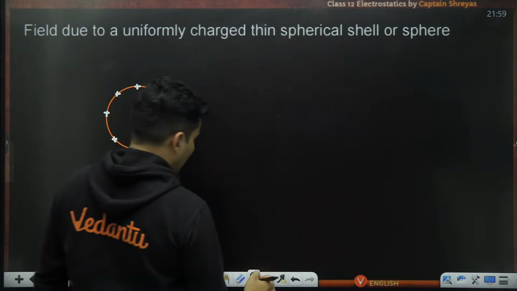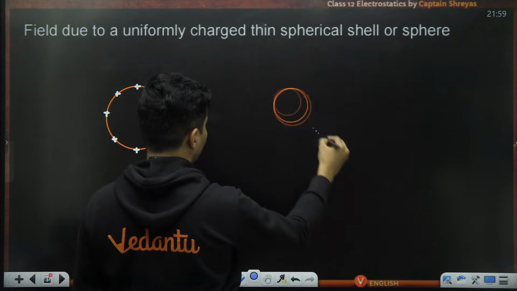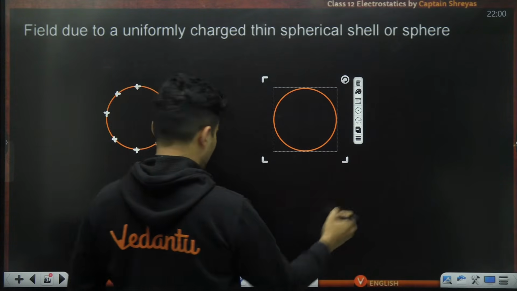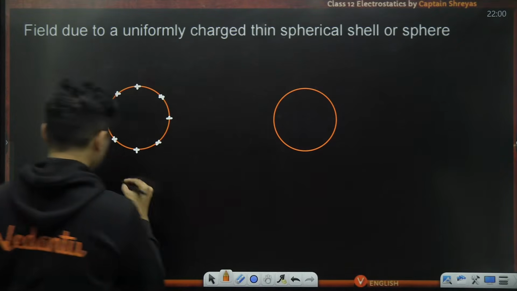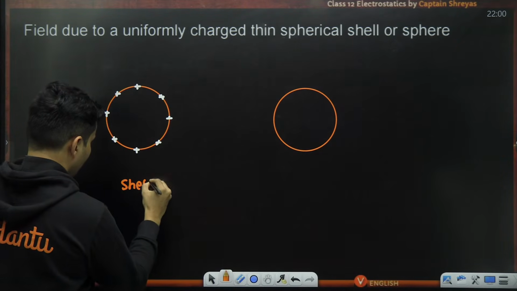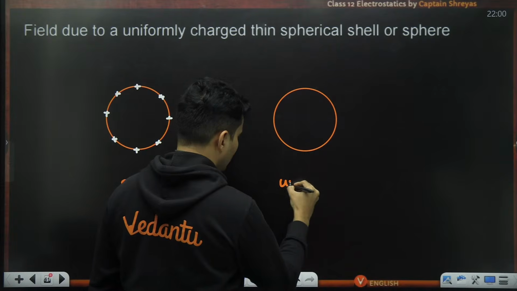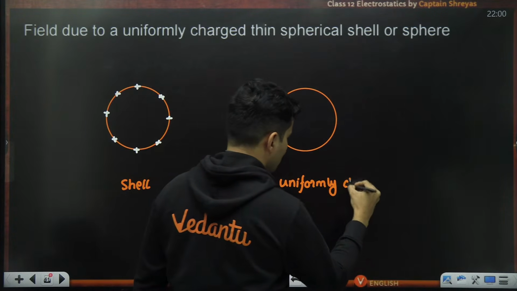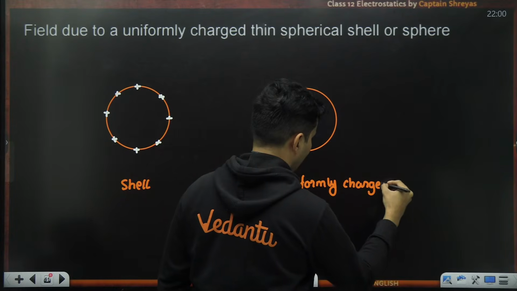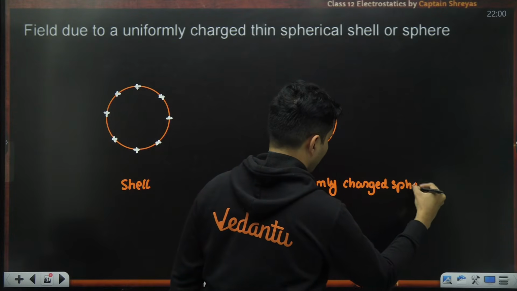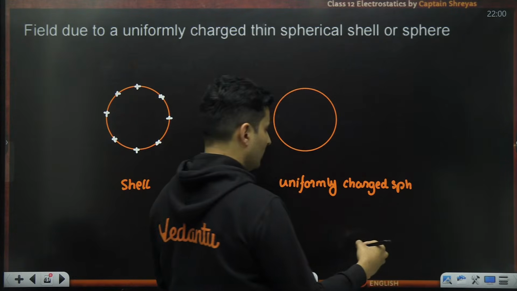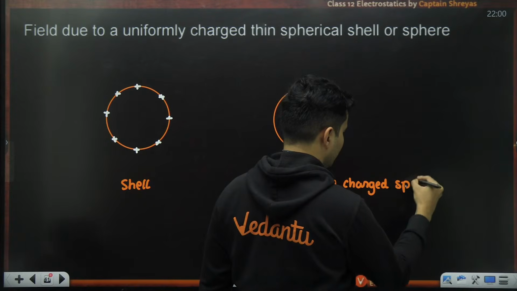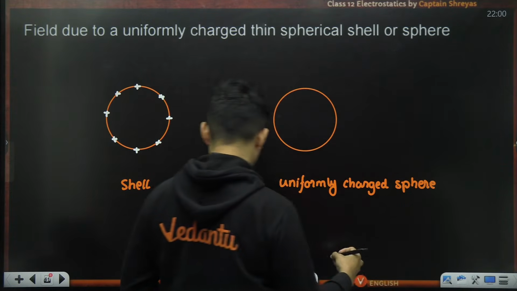And when I say this, this is basically a uniformly charged sphere. Yeah, uniformly charged sphere.